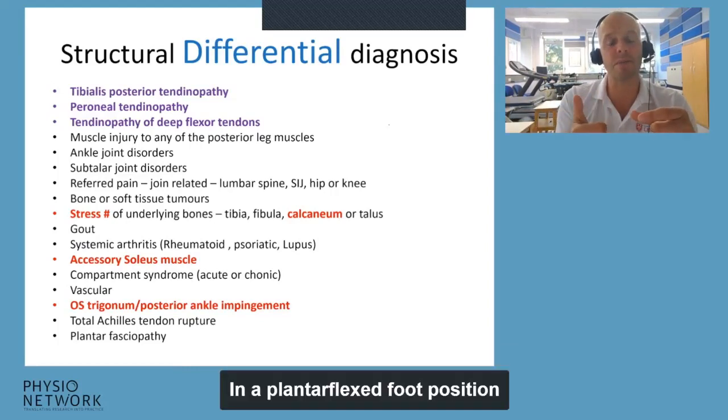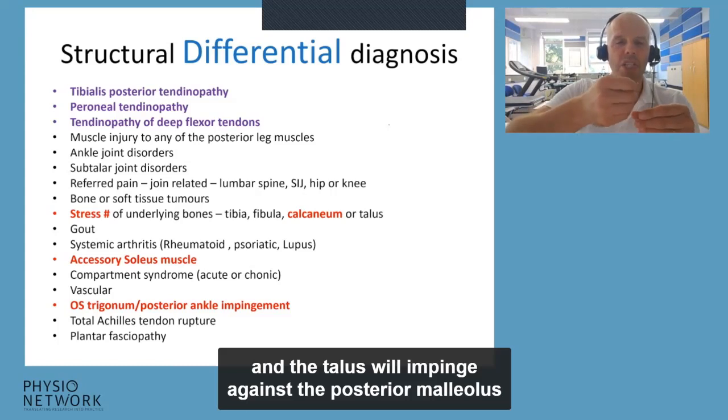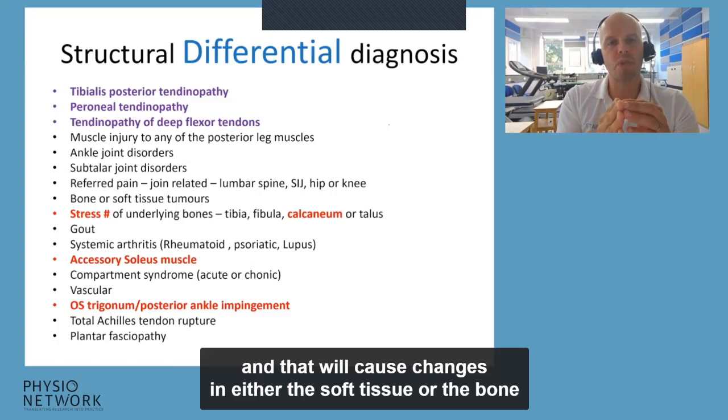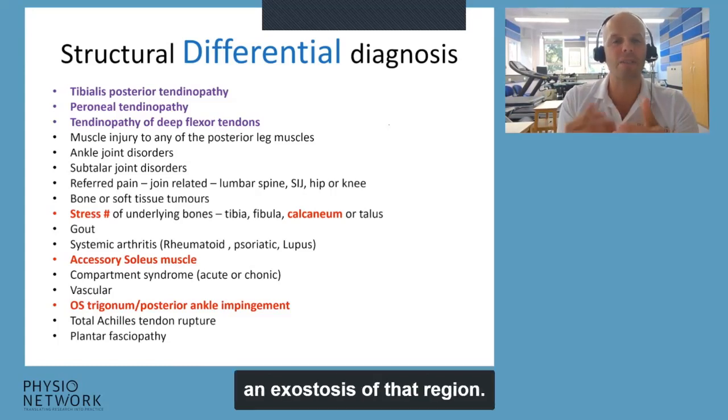In a plantarflexed foot position, the calcaneum and talus will actually migrate up, and the talus will impinge against the posterior malleoli. That will cause changes in either the soft tissue or the bone, and may lead to formation of an os trigonum, an exostosis of that region.